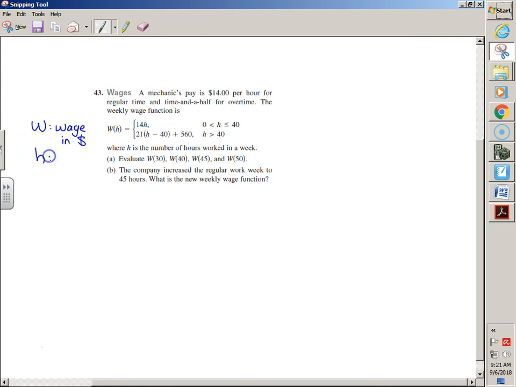H is going to be hours worked per week. So technically, for the directions, you could almost just write this function, say something about mechanic's pay, and then W and H. That'd be a great summary for the directions. Letter A says find W of 30, W of 40, W of 45, and W of 50.